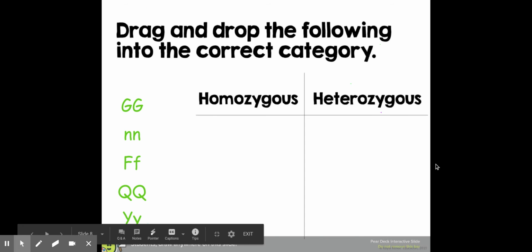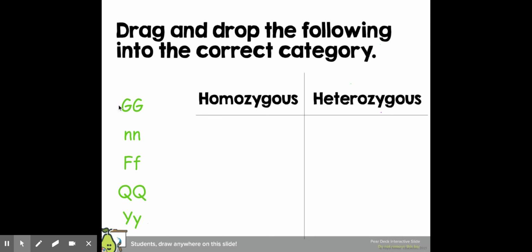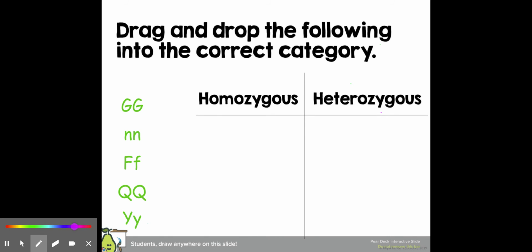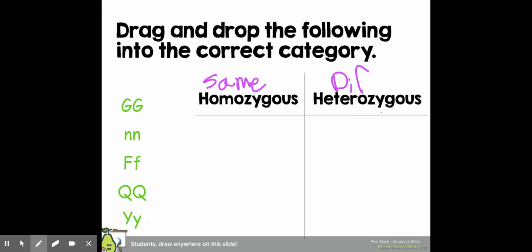So you guys are going to rewrite or draw a line between my guys over here. Remember that homozygous is same and heterozygous is different.